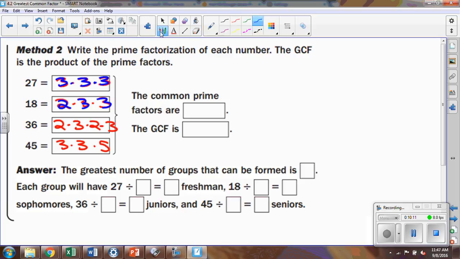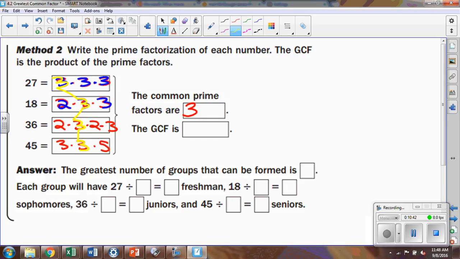Well, the next component that we have to do, we need to identify all the common primes. What number appears in every single prime factorization? 3. There is a 3. And that 3 is occurring here, here, here, and here. We have now used up those 3's in the yellow.